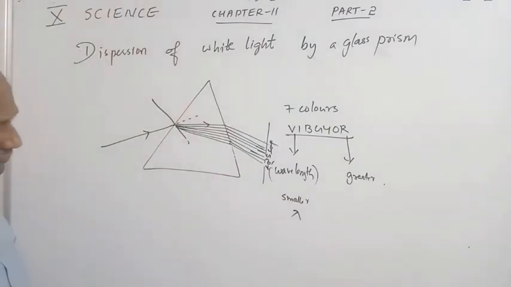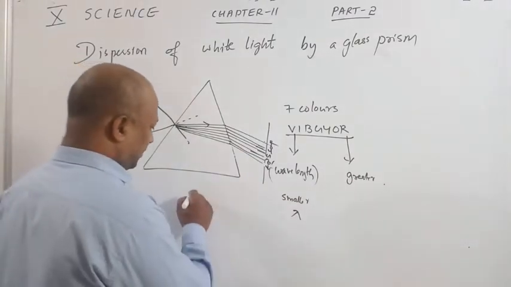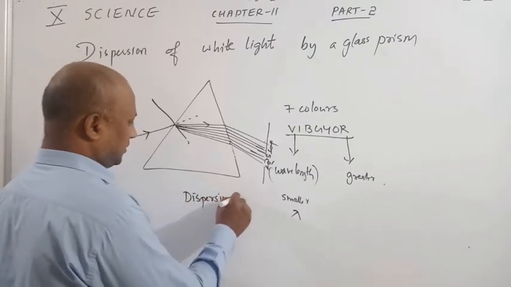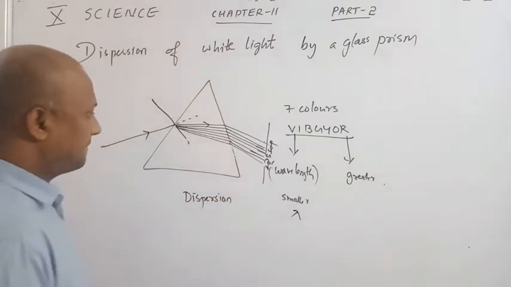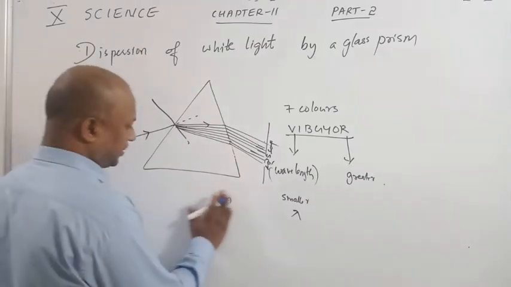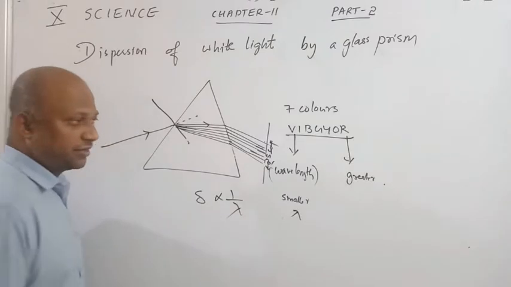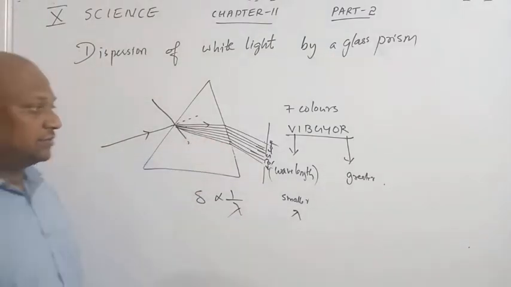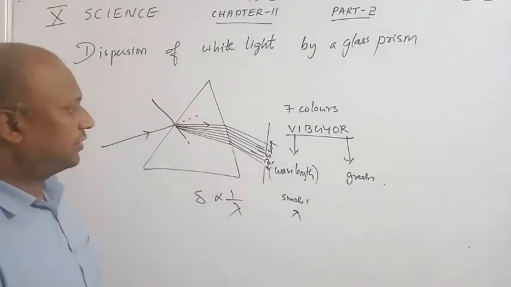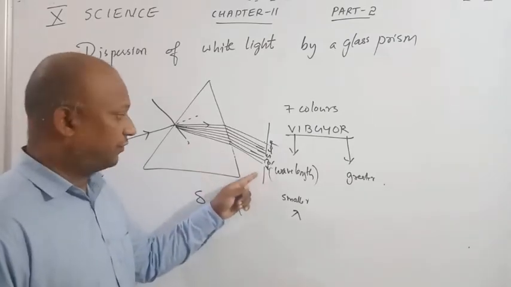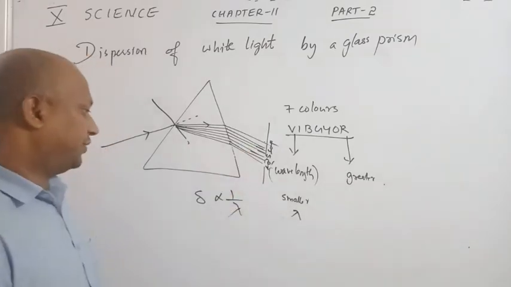So the dispersion or the deviation is inversely proportional to the lambda here. So wavelength जिसका कम है वो ज़्यादा deviate हो रहा है, और wavelength ज़्यादा है वो कम deviate हो रहा है.